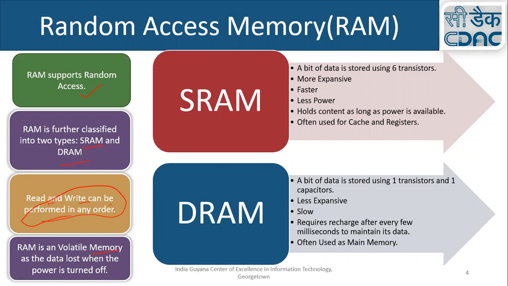So what is SRAM? It consists of 6 transistors. I'm not going into detail, and I'm not asking how many transistors it requires in the exam, but in theory you should remember this: SRAM is 6 transistors, and DRAM is 1 transistor and 1 capacitor.